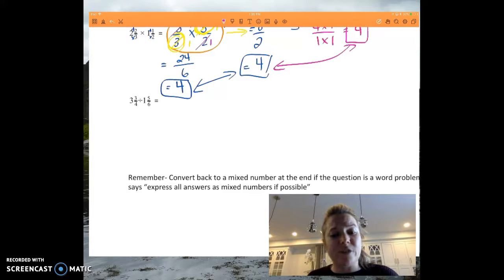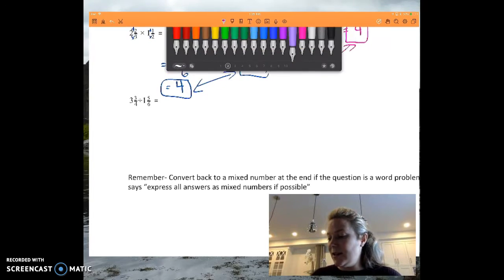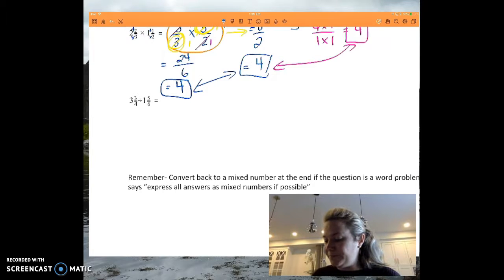Now remember, the very first stage is to convert to the improper fraction. So let's get our blue pen back. So 3 times 4 is 12. 12 plus 3 is 15 over 4, because you always keep the same denominator.